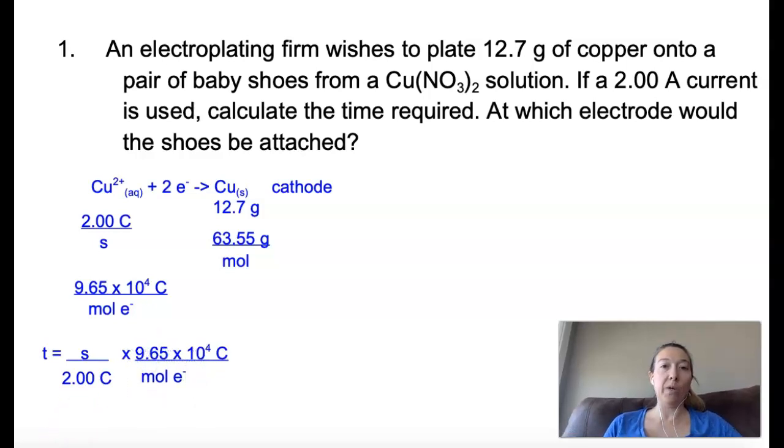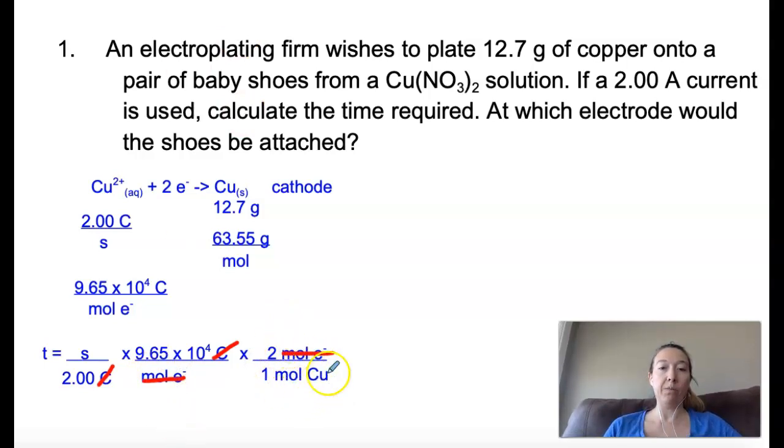From here, we can get rid of coulombs. Now we need to get rid of moles of electrons. I don't have any other given with moles of electrons, but I can use a ratio between moles of electrons and moles of copper, because then I can eventually cancel out the moles of copper. So we're going to go times 2 moles of electrons over 1 mole of copper. Now we can eliminate moles of electrons.